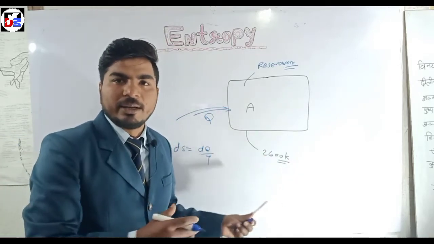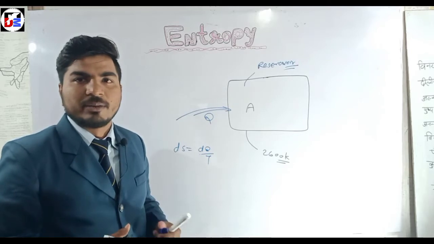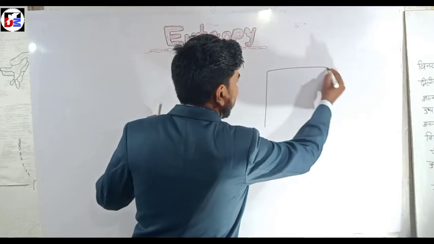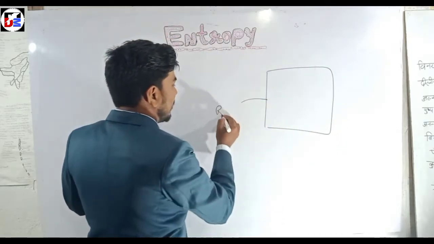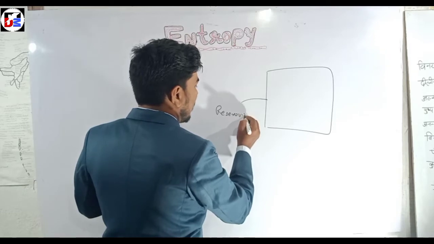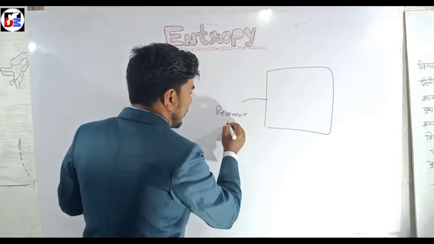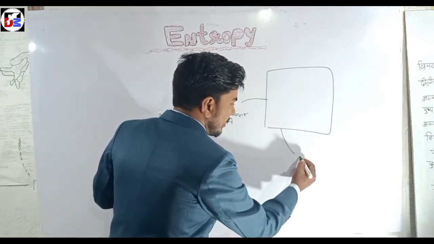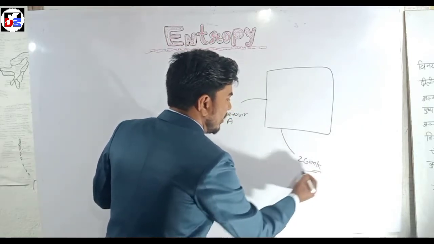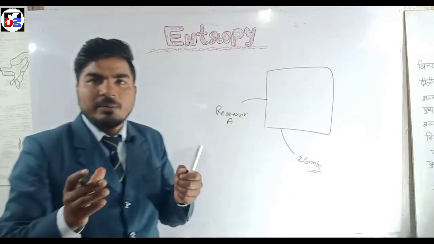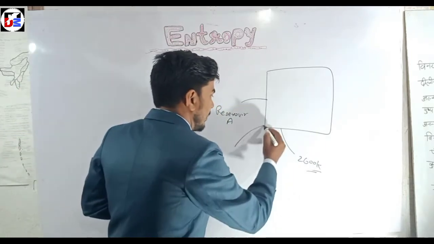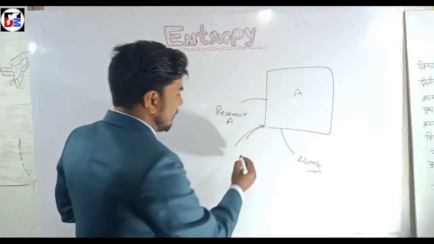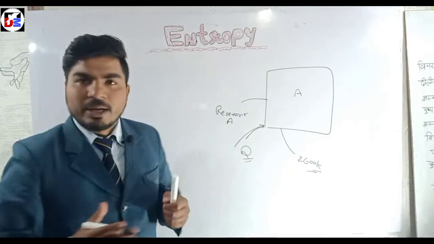And how do we calculate it? I will solve this concept. Suppose reservoir A is given, and its temperature is maintained at 2600 Kelvin. Then we provide some amount of heat to this reservoir A. What happens?